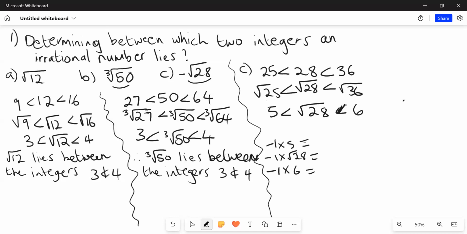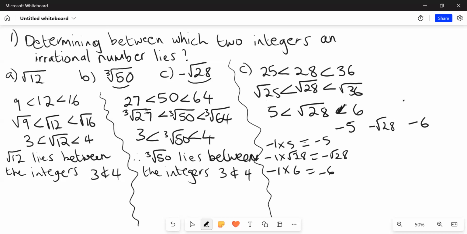So here we get negative 5, here we get negative root 28, and here we get negative 6, right? And then our final answer becomes negative 5, negative root 28, and negative 6, right?